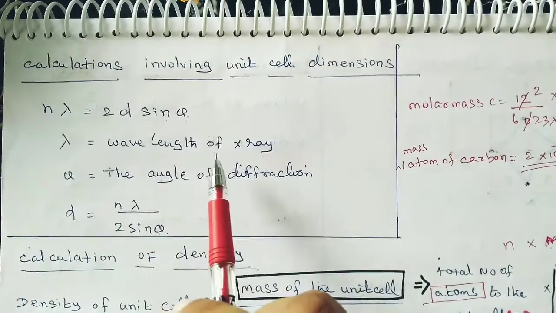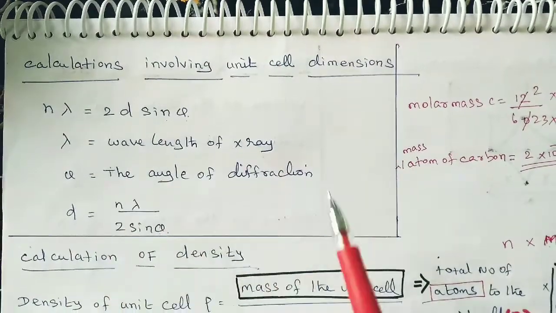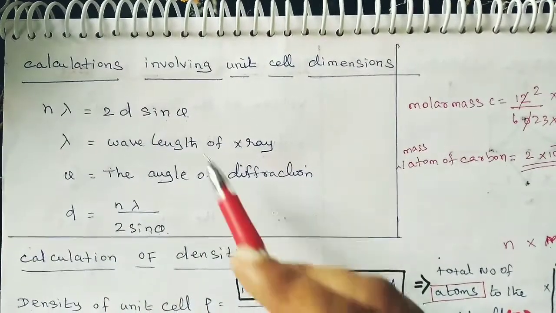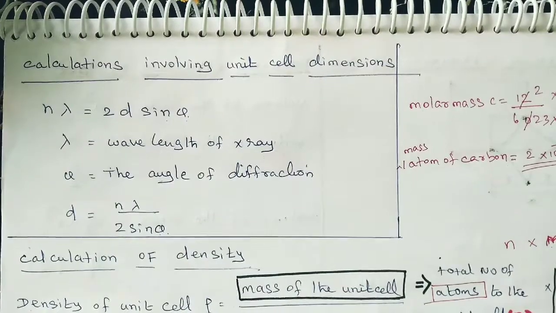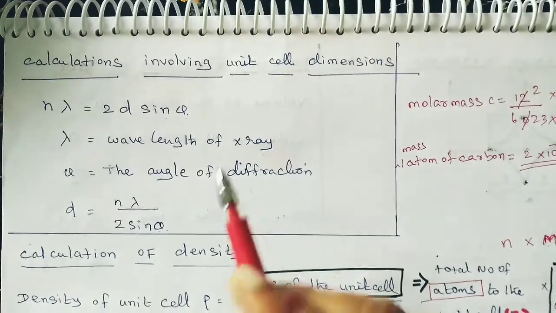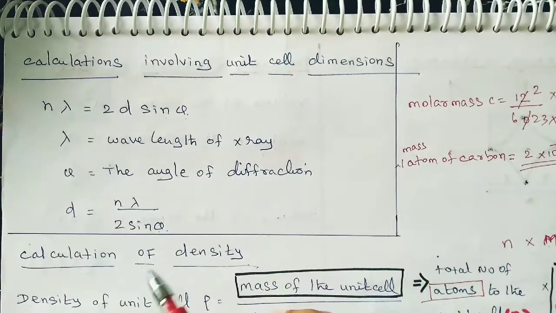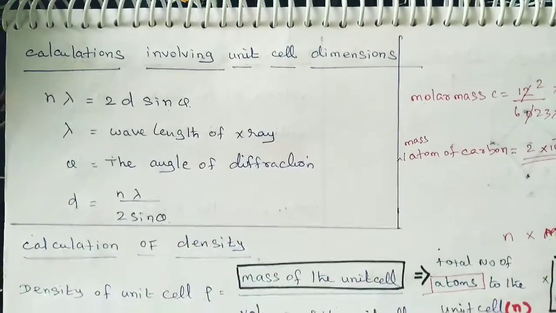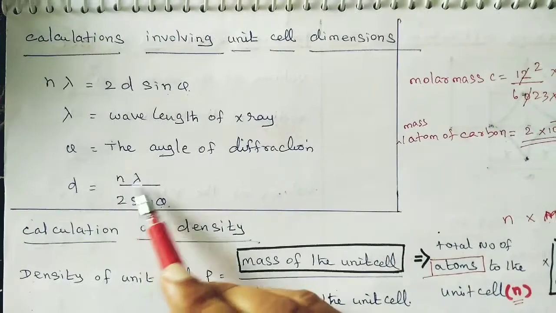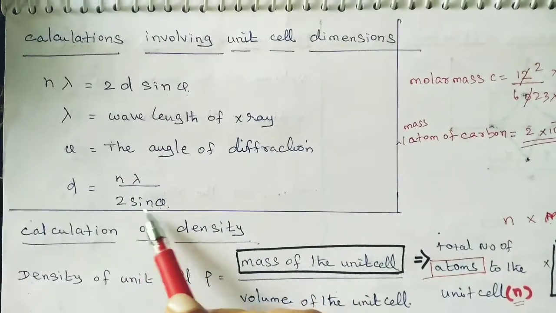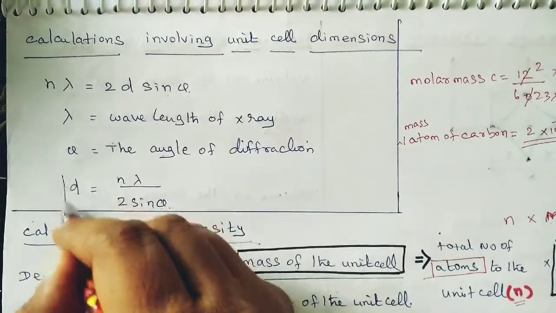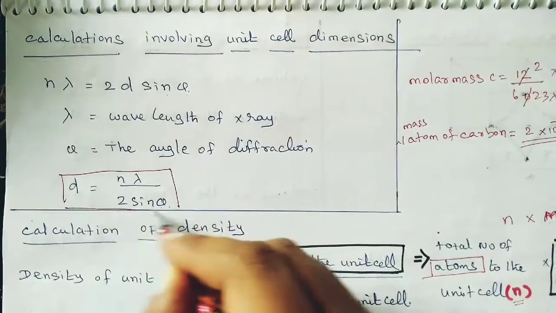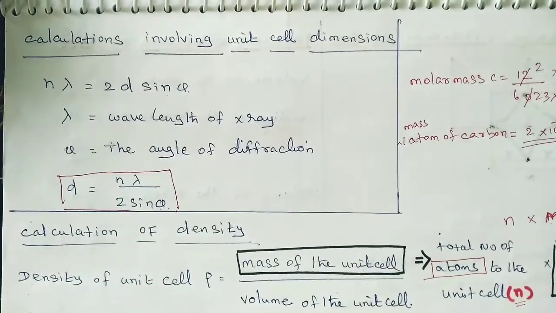Lambda is the wavelength, theta is the angle of diffraction. From this formula we can also calculate the interplanar distance, that is the distance between two planes of the crystal system: d is equal to n lambda divided by 2 sin theta. In this way we can calculate the interplanar distance. That's all, it is the Bragg equation.